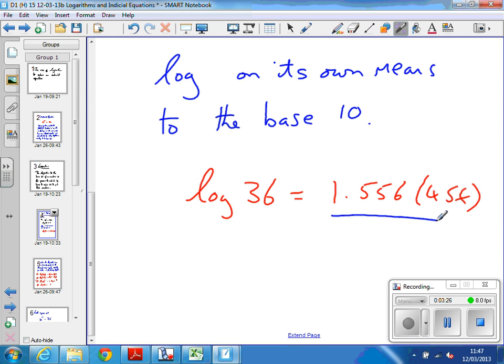Okay? And what that's saying now is that, according to what we've just been doing, 10 to the power 1.556 should equal 36. So if you put that into your calculator, 10 to the power 1.556, and it's no coincidence that 10 to the power is above the log button, what do you get?